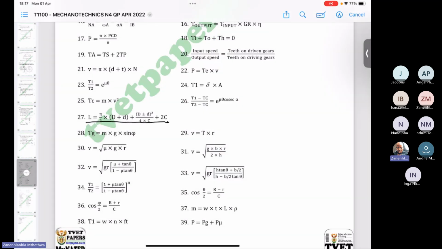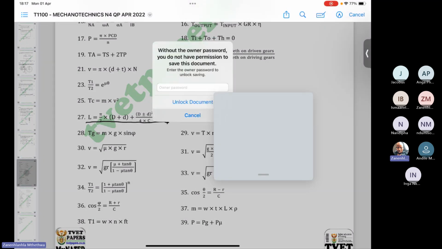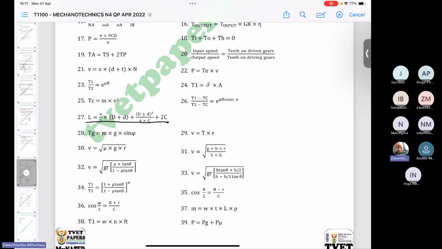Now, I did mention that you get two types of belts, and types of belt drive systems, but I didn't necessarily mention the types of belt drive systems. You have two essentially: the open belt drive system, as well as the crossed belt drive system. Now, the formula to calculate the length of the belt is essentially this one. But you see you have plus or minus here.